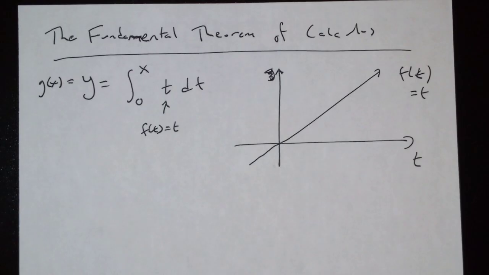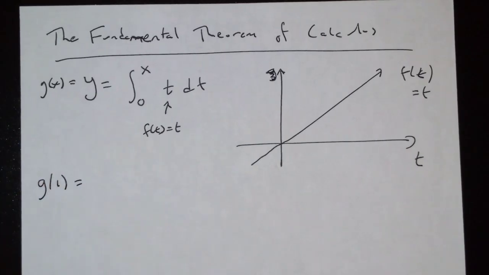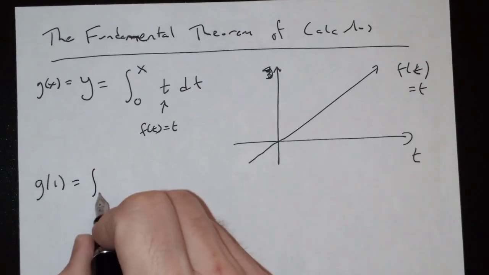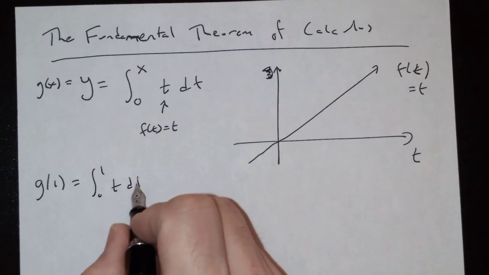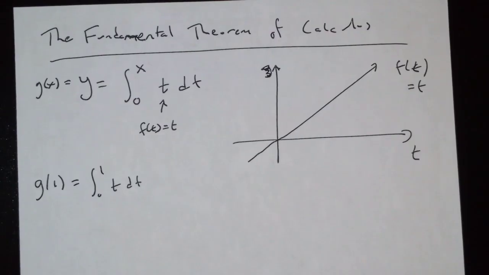Let's start evaluating this integral. If I want to know what is g of 1, well, that's defined as the integral from 0 to 1 of t dt. Over here on this picture, what area does that correspond to? Because a definite integral, we're thinking of that as an area.